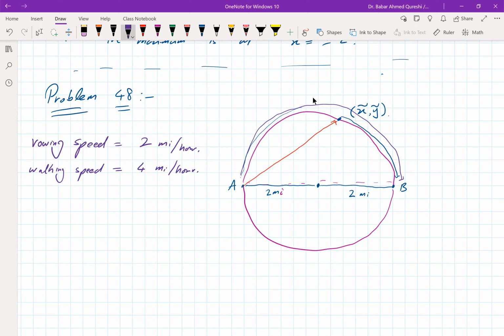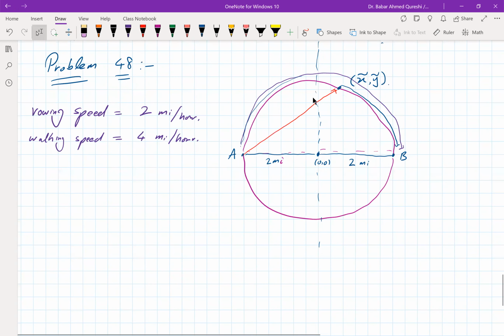So if there's this point x tilde, y tilde, then to compute the distances, I should set up some kind of coordinate system. So I can say that this is the origin, because the circle is easiest to describe if I put the origin in the center.